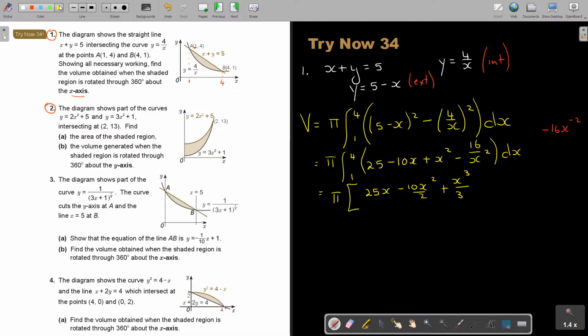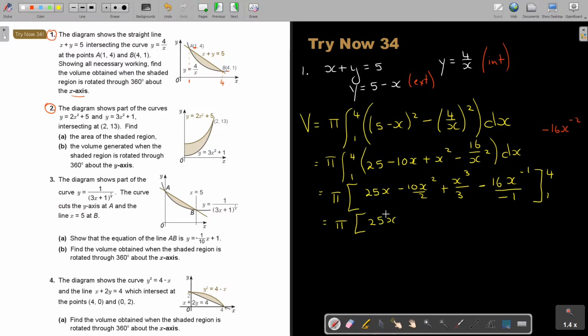So it's going to be negative 16, then if you add 1 it's x to the power of negative 1 divided by negative 1. And don't forget your boundaries, 4 and 1. So this is going to be pi, if I'm just going to simplify it.